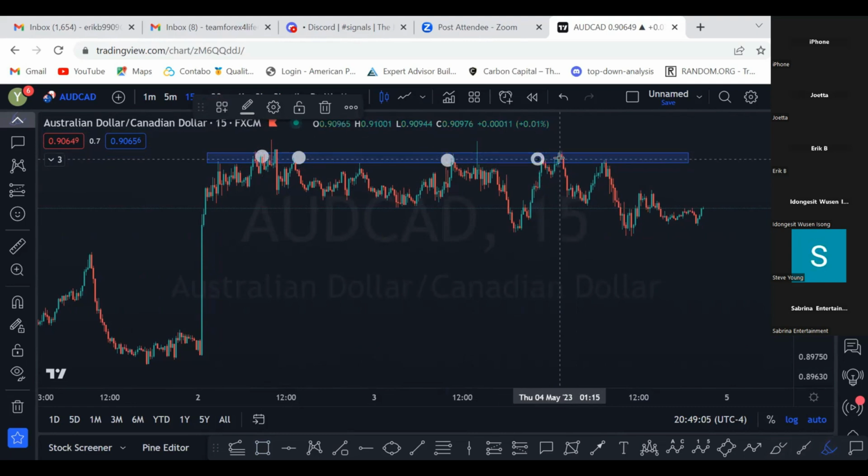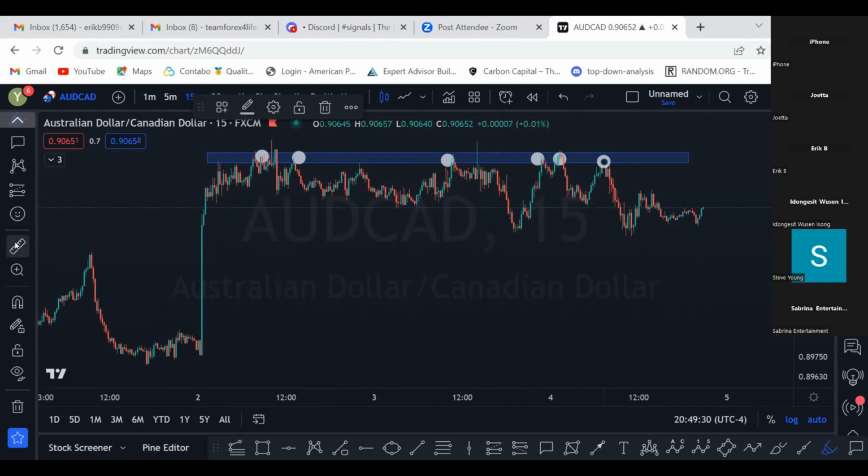No. What is it doing? Giving you double tops, consolidation. It does it every time. The market repeats itself over and over again. You just have to be patient and wait it out.